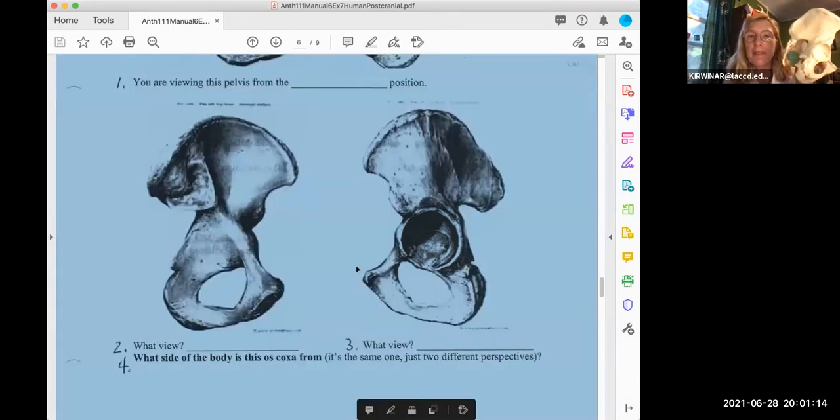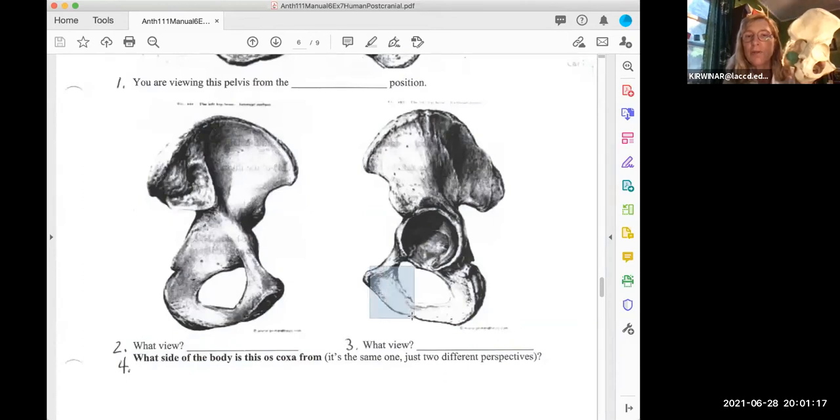Yep, in the little triangle of bone, and that is the anterior side, so that's the front. Another clue to find the back, or the posterior side of the os coxa, looking at it on the lateral side, is the sciatic notch. And there it is. The sciatic notch and the auricular surface are both on the posterior side of the os coxa. The pubis is always on the anterior side of the os coxa.